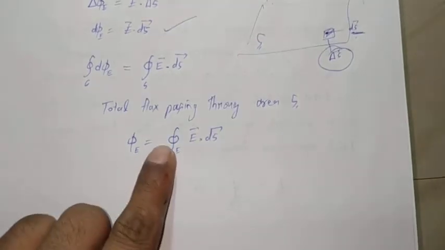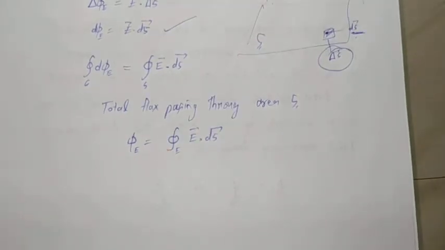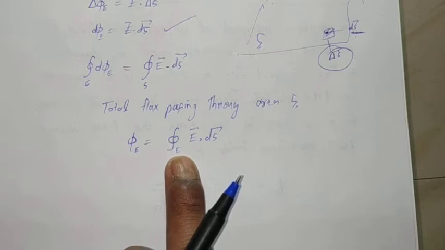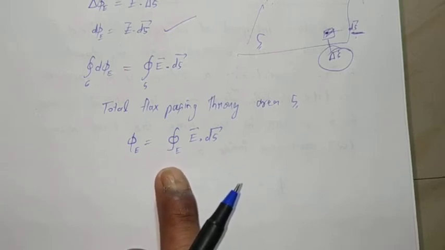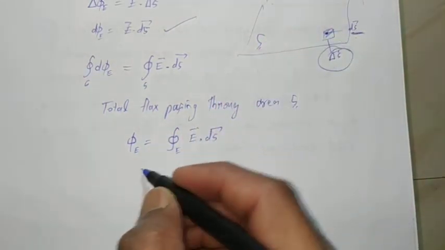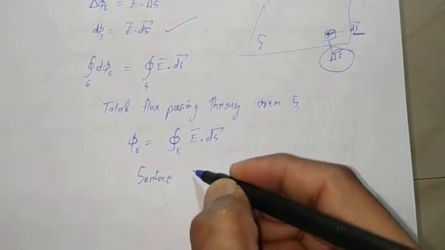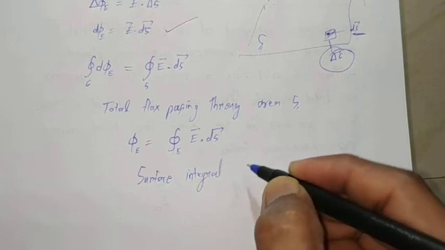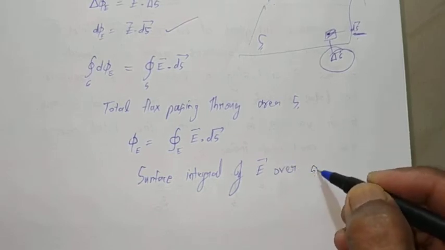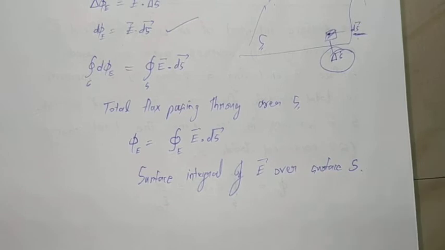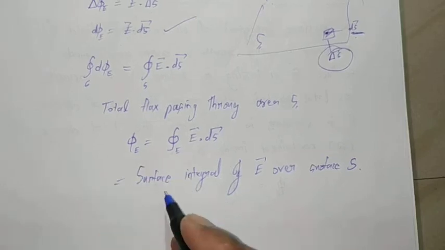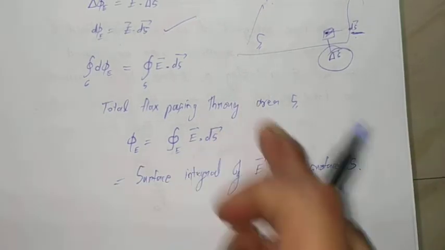So this is the total flux passing through this total area S. This can also be said as the surface integral of E, the electric field, over surface S. Whether we say total flux passing through this area, or the surface integral of E over surface S, both are the same thing.